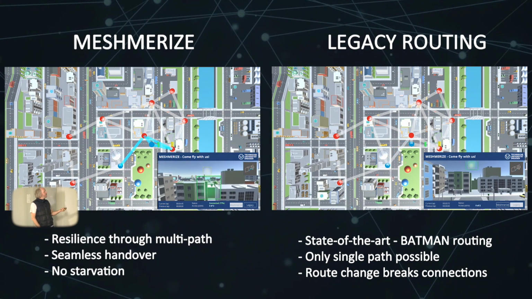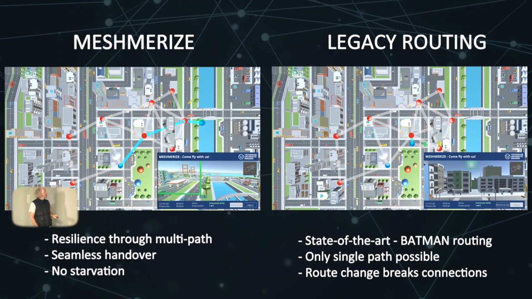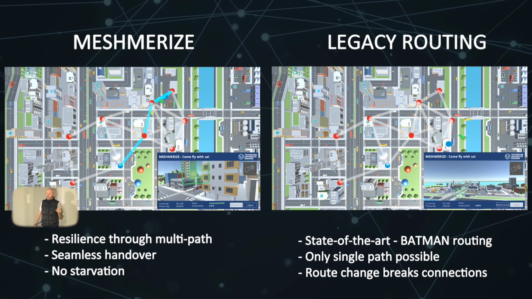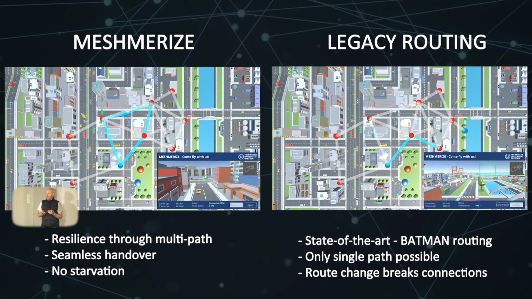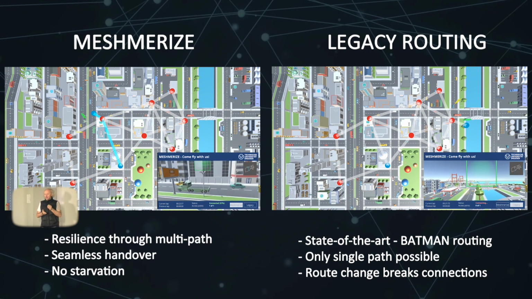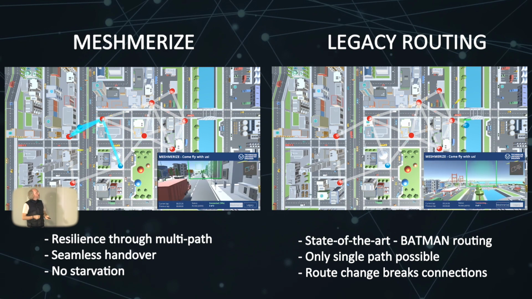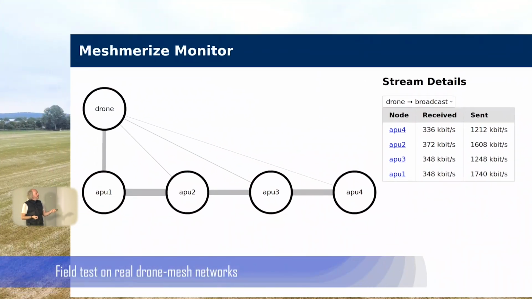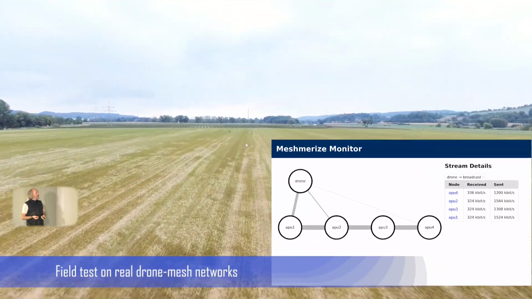On the right side you see the legacy routing, and on the left you see the multipath approach, and that is not so easy. If you have seen Communication Network 1, where we explained the work of Paul Baran, a single path is quite vulnerable, but multiple paths will eat up the capacity. And this is a solution done with network coding.